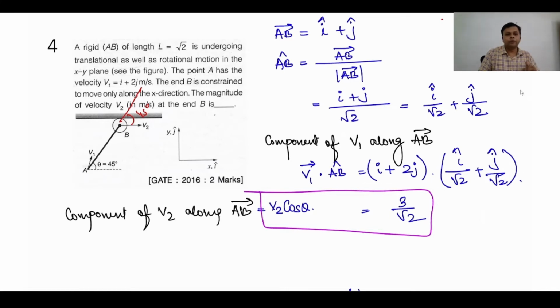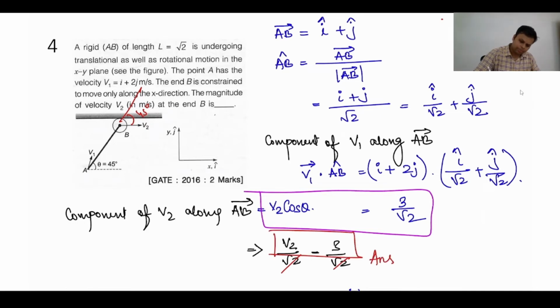The component of V1 and V2 along AB should be equal, right? So I can say V2 cos theta, that is V2 cos 45. V2 cos 45 means V2 by root 2, since cos 45 is 1 by root 2, is equal to 3 by root 2. So root 2 will cancel out. So we will get the value of V2 as 3.